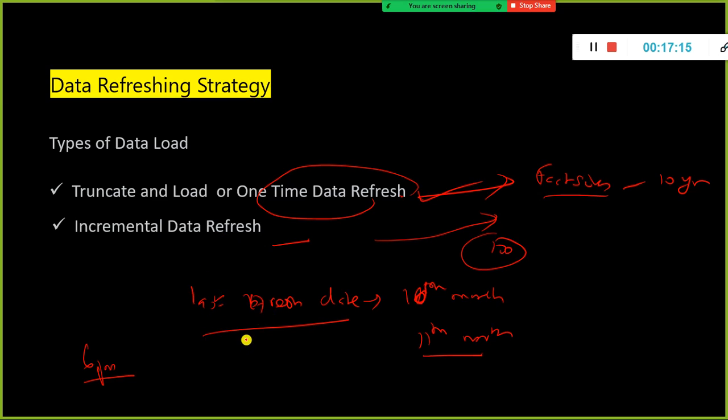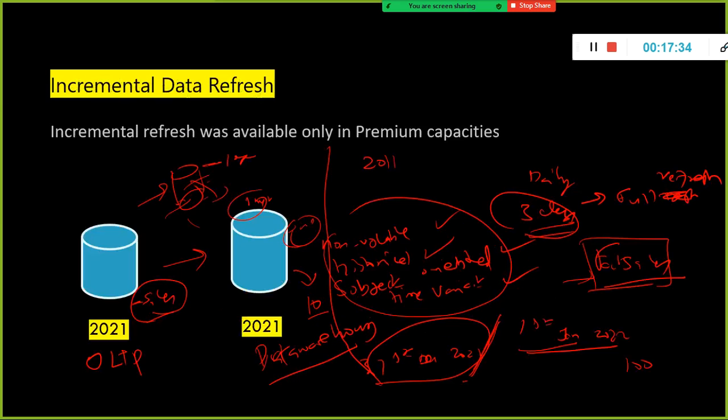Now the question is, how is it possible? We have something called last refresh date. Let's say we are storing 10th March 2022 somewhere, and for 11th March, how can the system understand which new records need to be pulled in from your source system, OLTP?